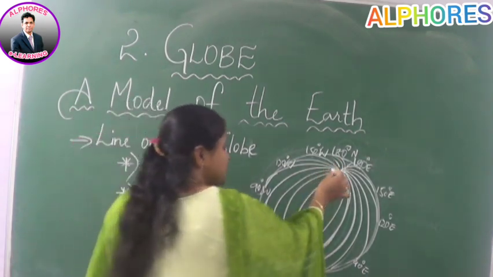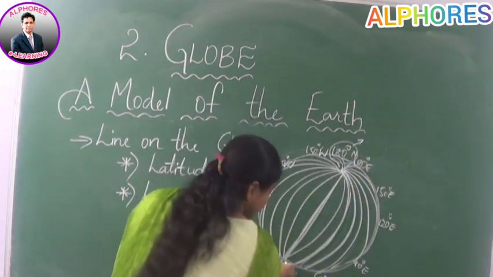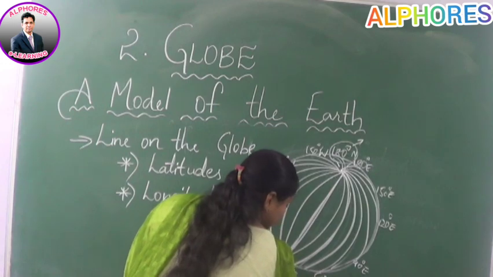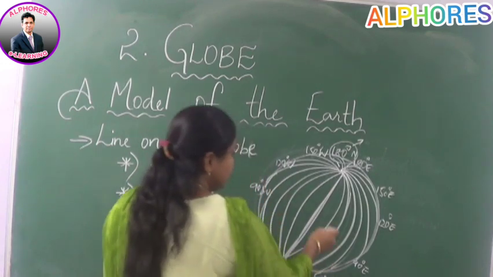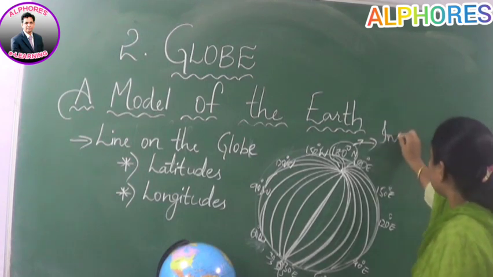And this 180 degree line is called the international dateline.